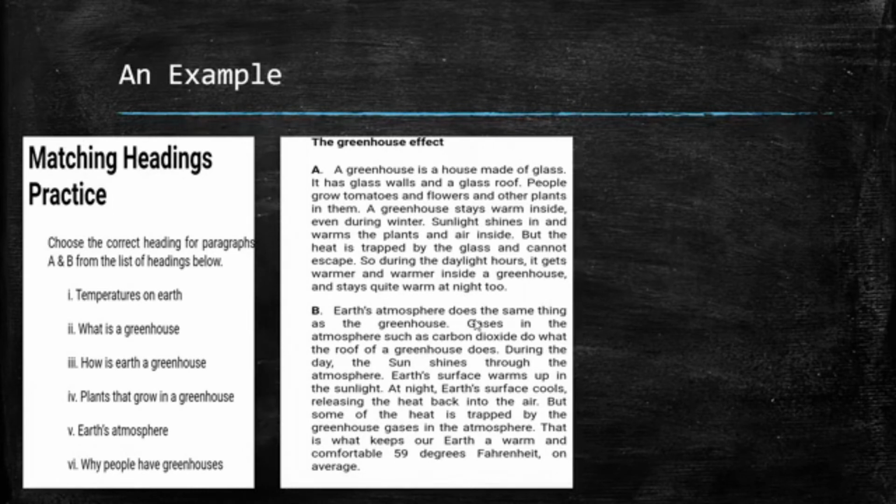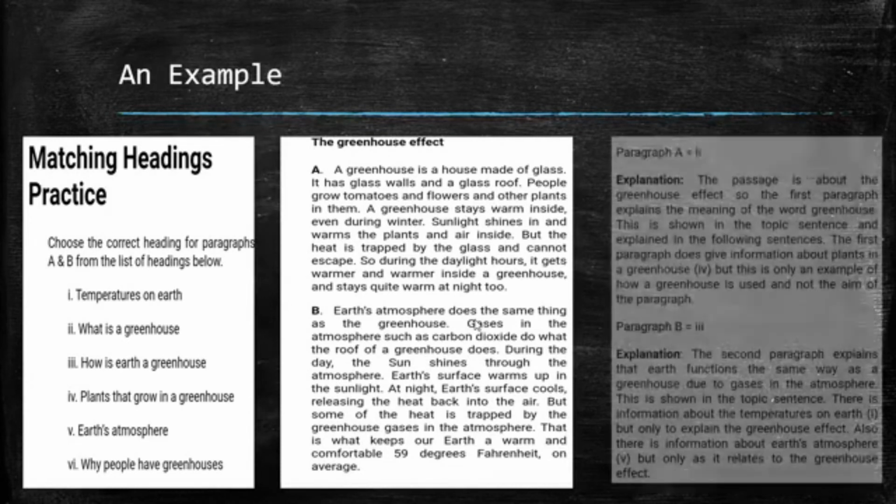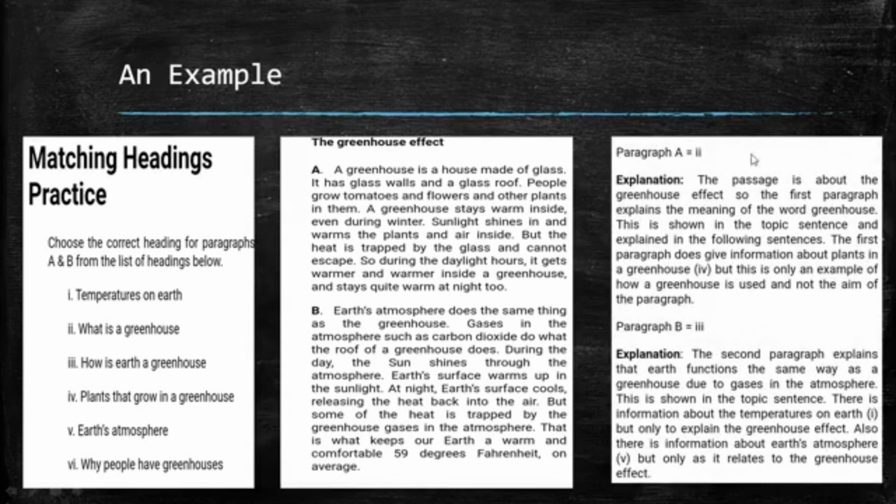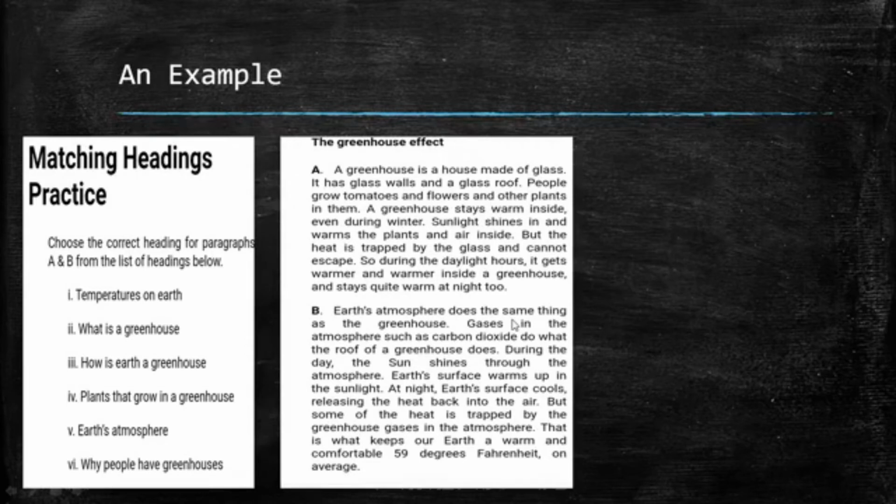So during the daylight hours, it gets warmer and warmer inside a greenhouse and stays quite warm at night too." This means in this first paragraph they have completely explained what a greenhouse is. So if we look at the answer, you see here the answer is the second: "What is a greenhouse?" Right? So we got the correct answer.